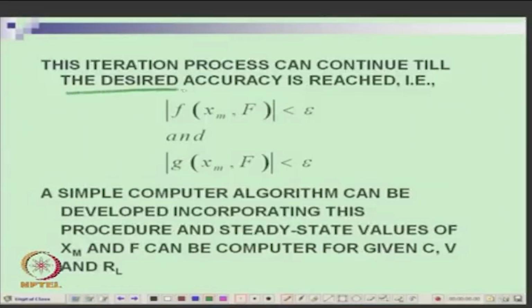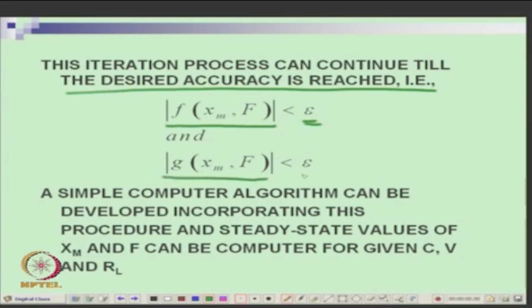Iteration can continue till the desired accuracy is reached, that is, the function f of x m, f must be less than a small number epsilon, and g of x m, f must be less than a small number epsilon. Is it okay? So, you can develop a small computer program, an algorithm, so that for a given value of capacitor, speed and load resistance, you can find the value of x m and the value of f.